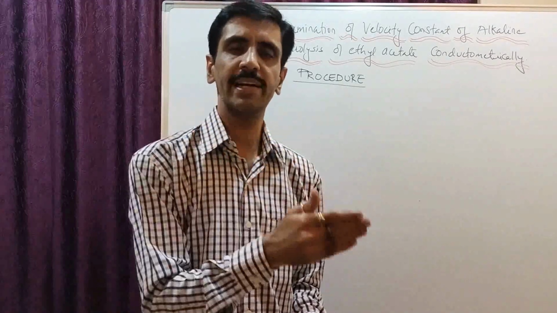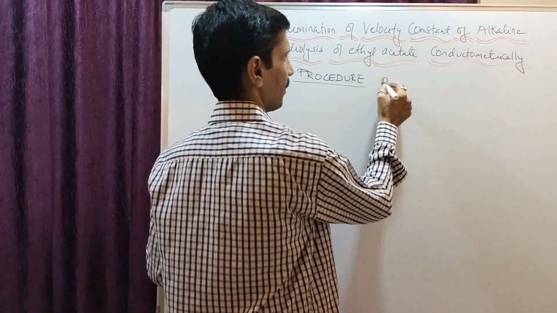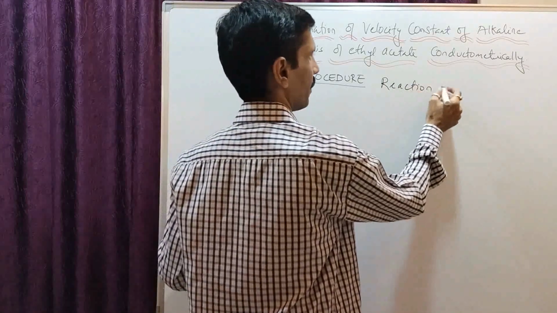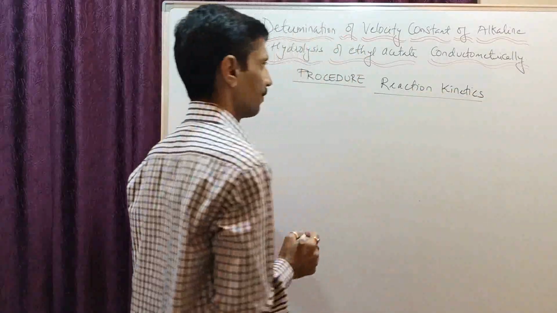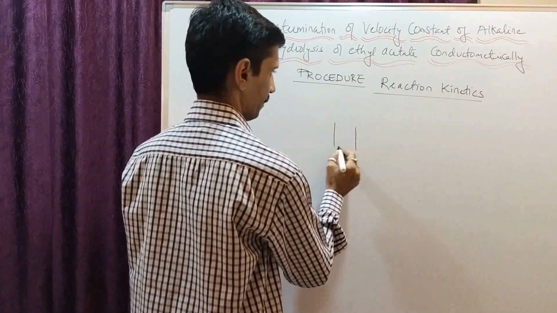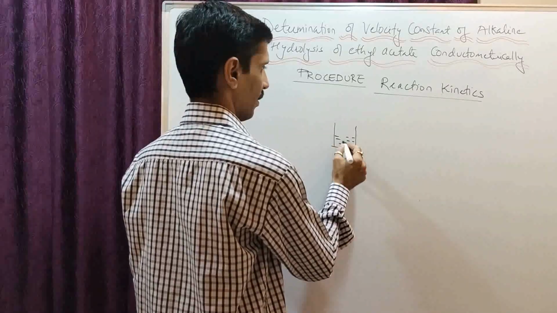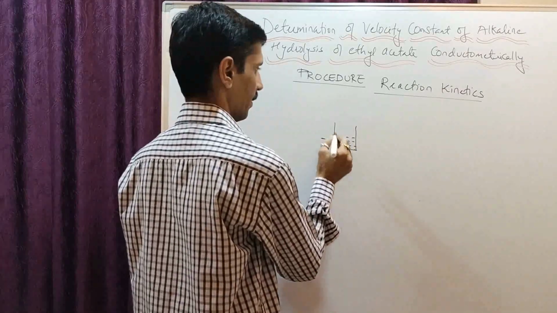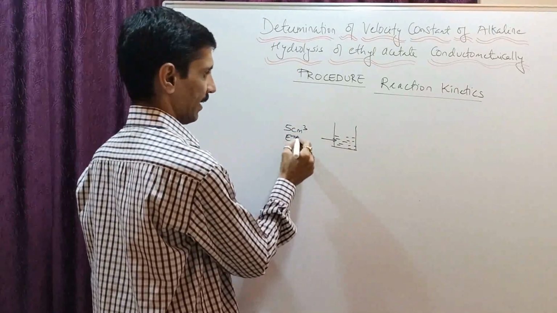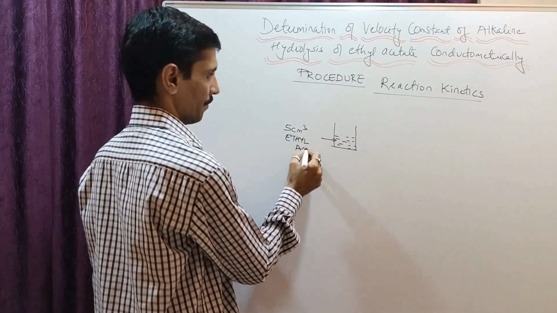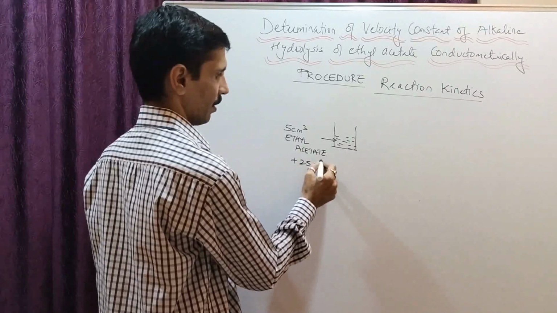Now we move ahead with the procedure, and that is the reaction kinetics. In reaction kinetics, my dear friends, we take a beaker filled with 5 cm cube ethyl acetate plus 25 cm cube distilled water.